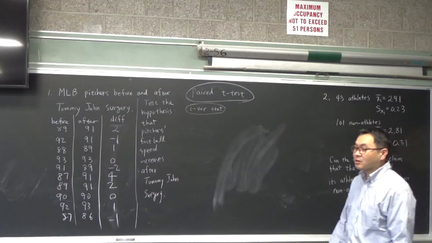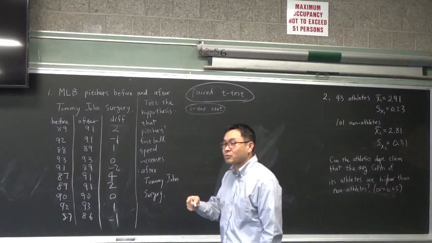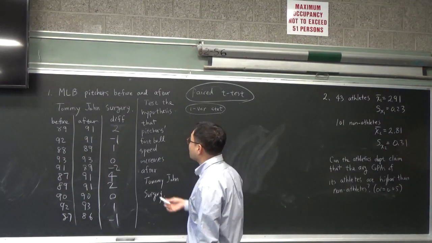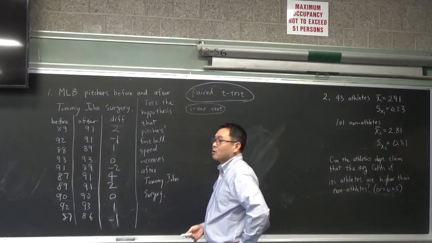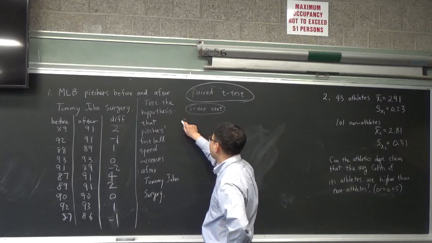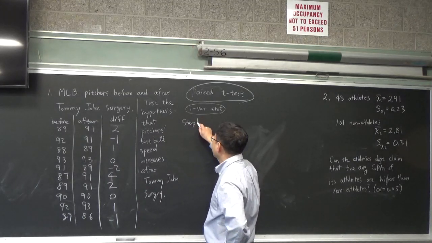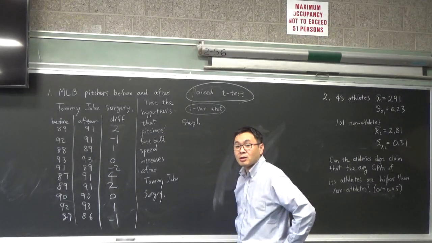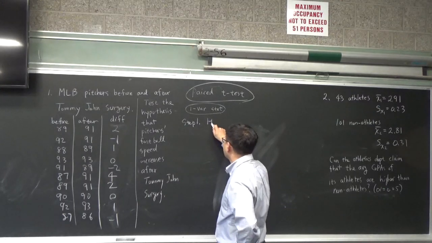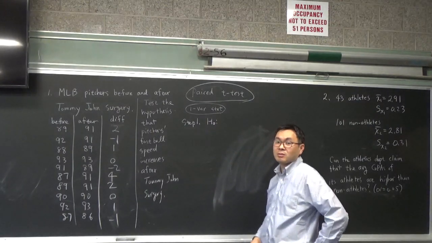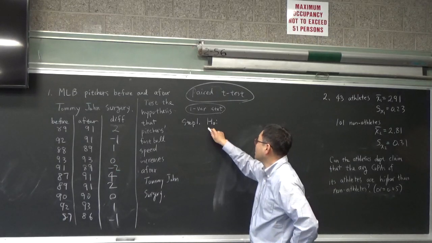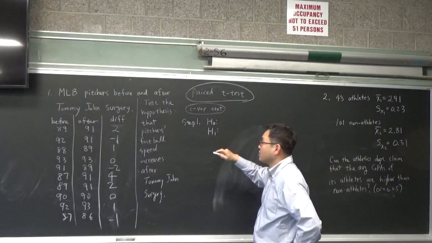I'm going to ask you for the numbers a little later, but because this is hypothesis testing, we're going to do 4 steps. So step 1, what do we do? Hypothesis. What's the null hypothesis? That they're equal, right?